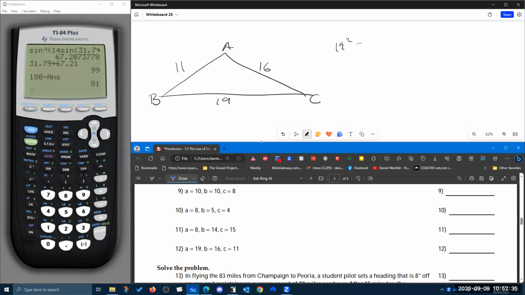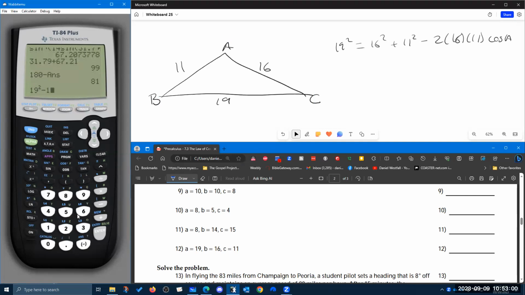So A squared equals B squared plus C squared minus 2BC cosine of A. 19 squared minus 16 squared minus 11 squared is negative 16, equals 2 times 16 times 11, negative 352.